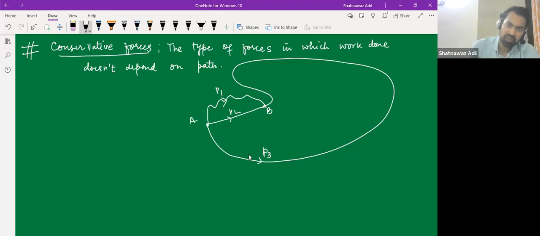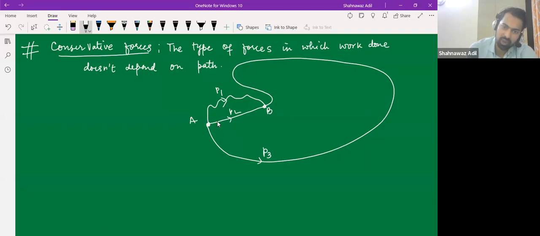Sir, can you repeat again? Yeah. Let's say you are bringing an object from A to B in the presence of a conservative force. Then your work done would be independent of the path that you choose.